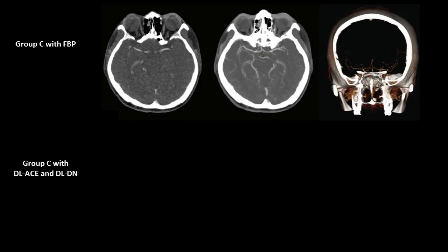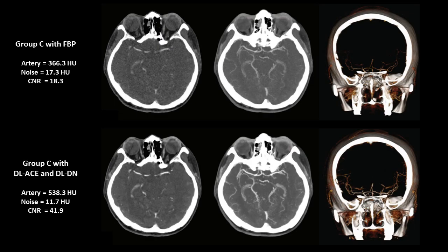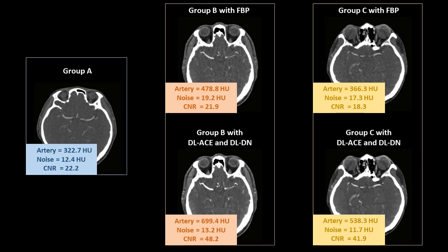Now let's look at the images from Group C with FBP and deep learning algorithm. You can see slightly higher or at least maintained vascular attenuation and higher image noise in Group C with FBP images compared with Group A images. After applying deep learning algorithm, you can notice substantial vascular enhancement boosting and noise reduction as well in Group C. So we can observe all 5 groups of images here.